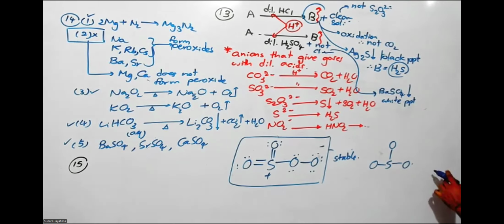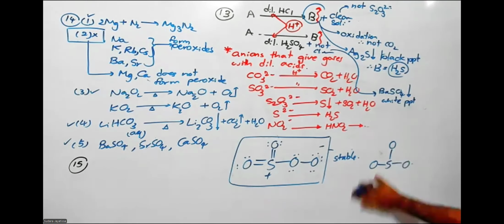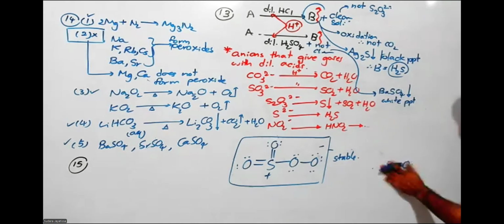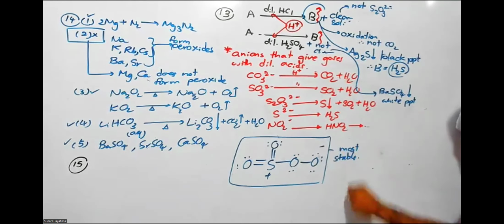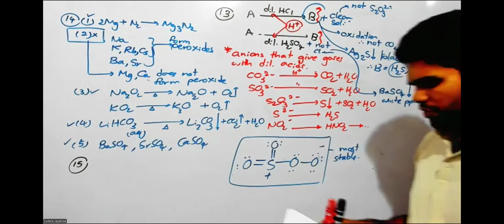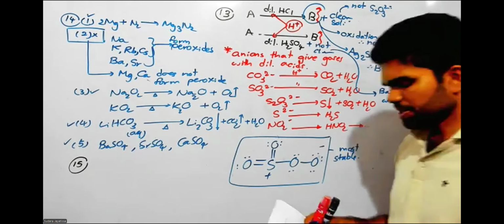No. We can't put multiple bonds. Yeah, that is the most stable structure. Understood? So try others, it will be unstable. But from the given ones, first answer is the better answer. Others are having positive charges on oxygen. So then it is unstable.